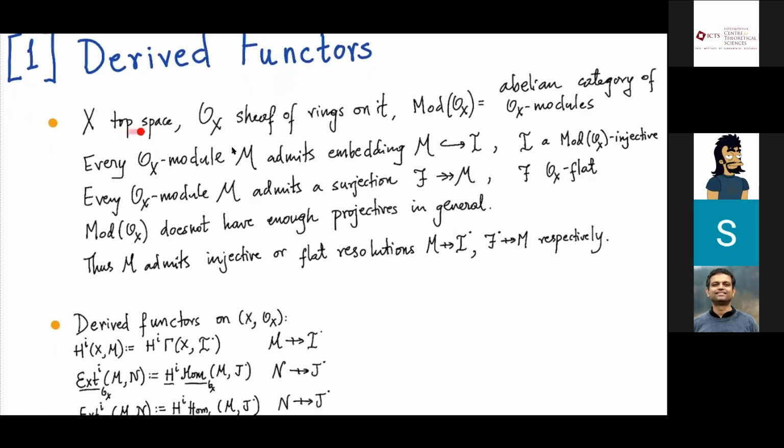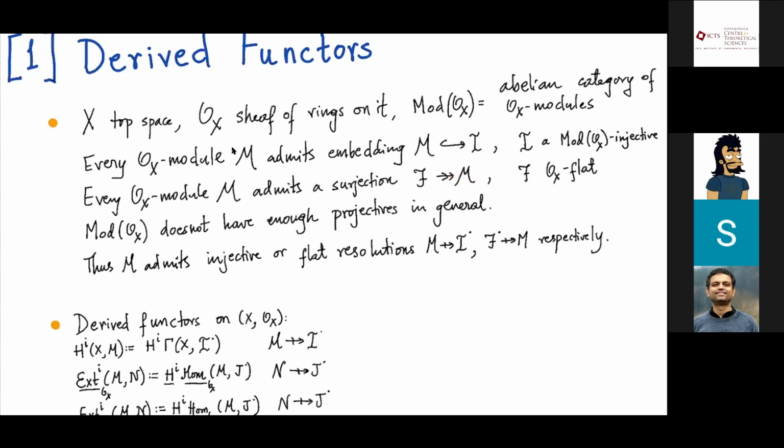If X is a topological space and OX is a sheaf of rings, Mod OX is the abelian category of OX modules. Then we saw last time that every OX module admits an embedding into an injective OX module. Similarly, it is not very difficult to show that every OX module admits a surjection from a flat module.